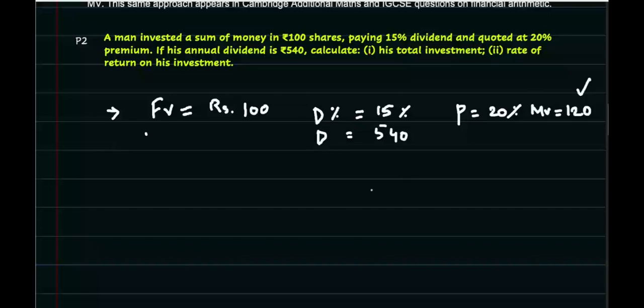Understood? So now what we'll do here, first, annual dividend on one share is 15%, which means 15 rupees, right? 15 rupees is the dividend. And total dividend, how much? 540. So for one share, dividend is 15 rupees.